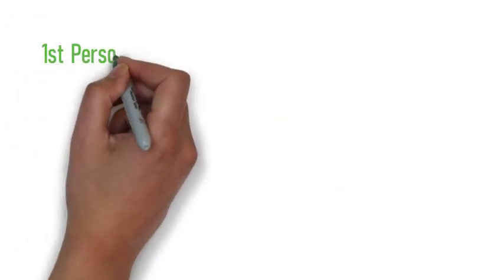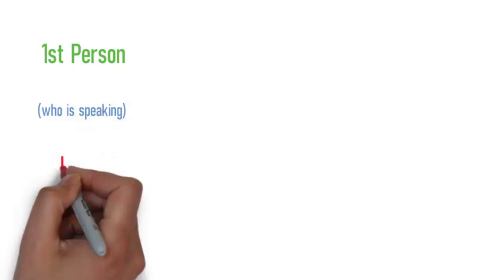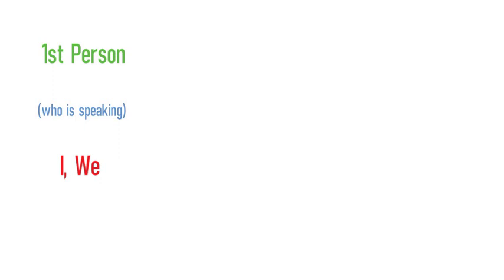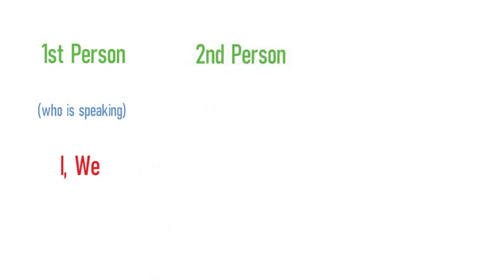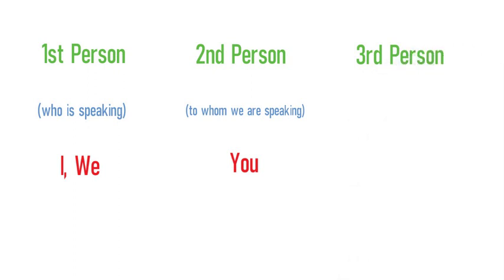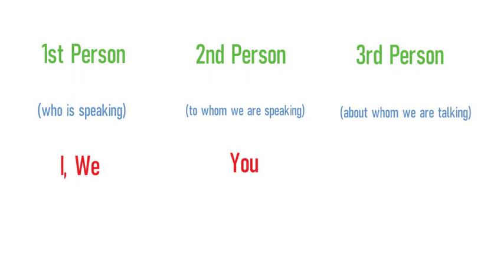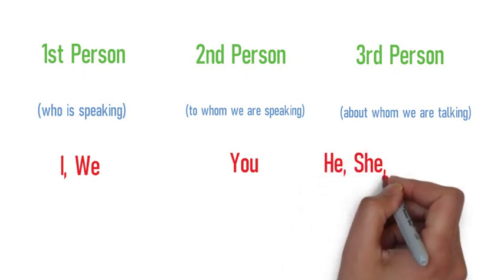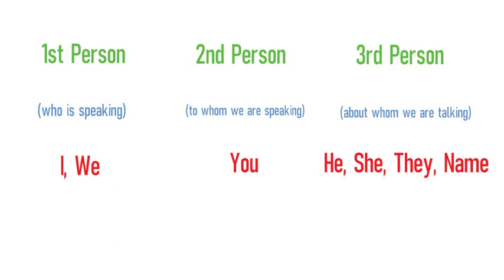First person is someone who is speaking, like I and we. The second person is being spoken to. It is always you. The third person is always about whom is spoken of. For example, he, she, they, and name of any person.